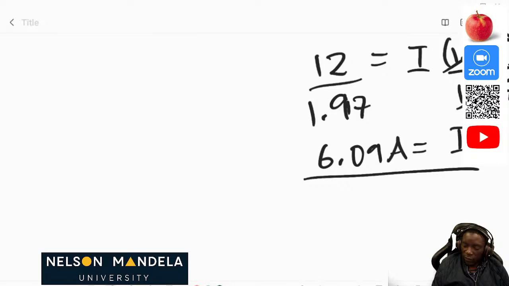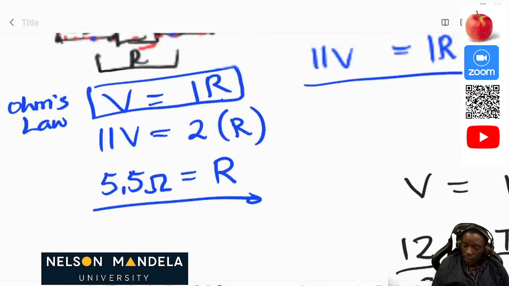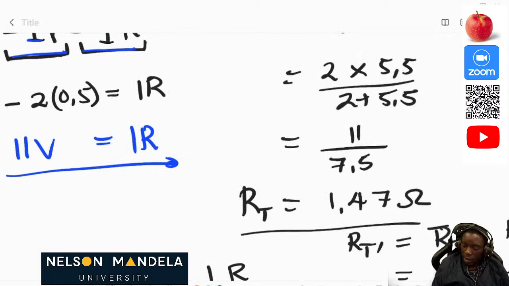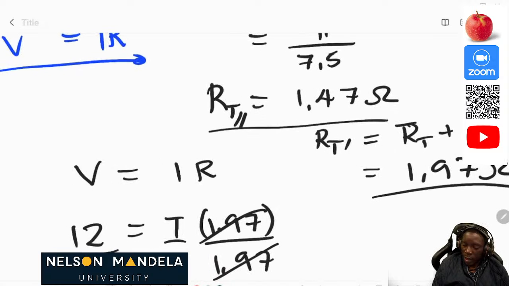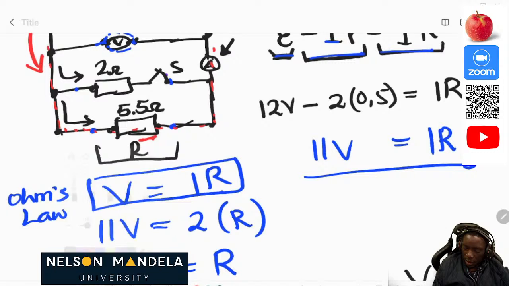So this is RT for the parallel resistors, and this is the RT for the series, the parallel combined with the internal resistance. So if we consider this 1.47, it is here.